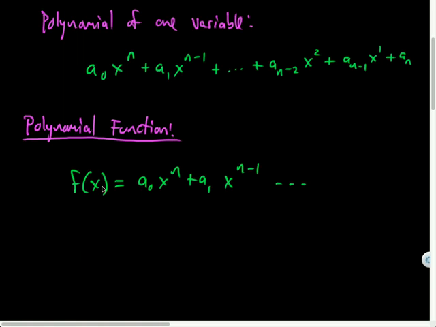It'd be that whole thing, except it's got an f of x in front of it. So basically, I can input stuff and I get outputs. And since this is a function, graphically speaking, it would pass the vertical line test. It's never going to loop back on itself or do anything crazy. There'd be exactly one output for every input.